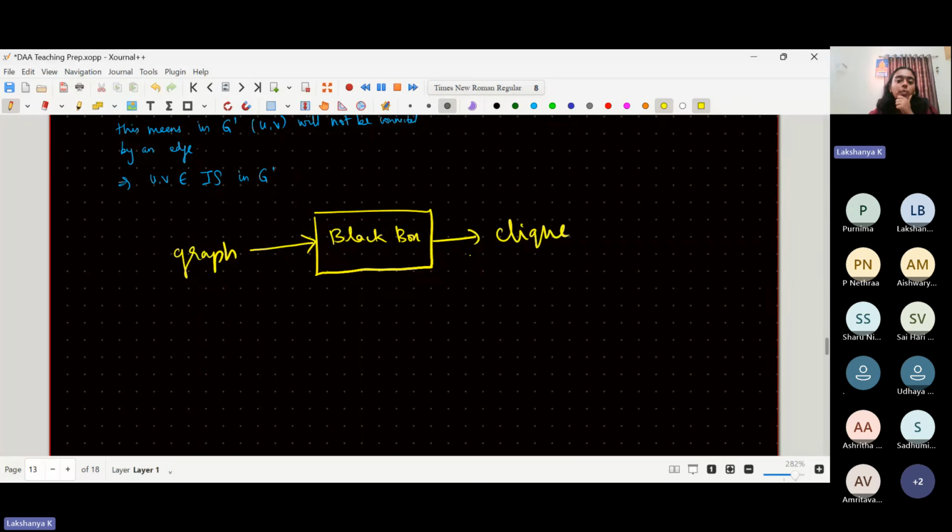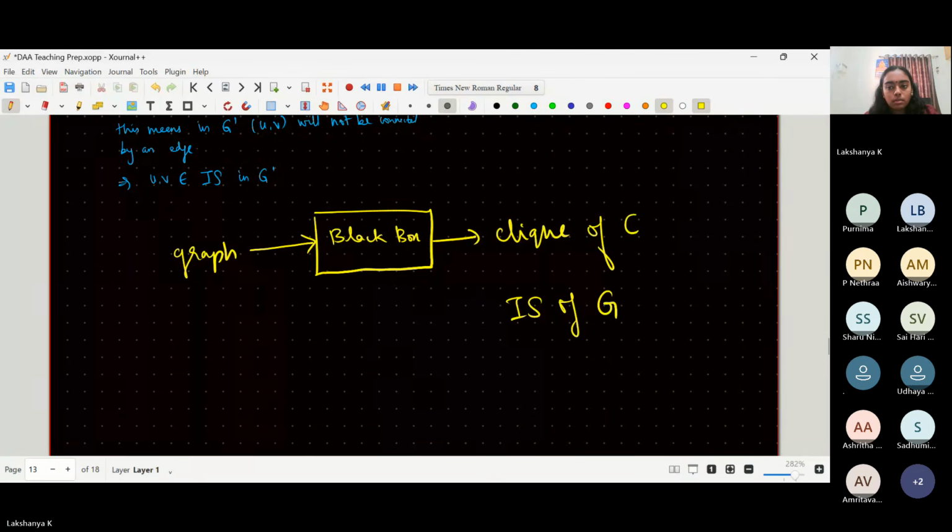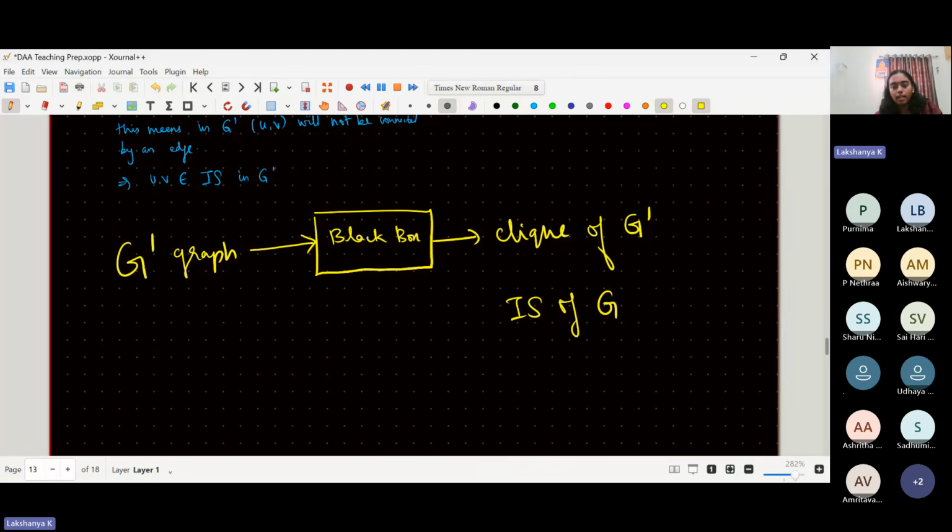I want the independent set of G as my output. Now, the independent set of G is the clique of which graph? G complement, right? So you simply put G complement as your input. You get back the clique of G complement from this black box. And that very same set is your answer. It is your independent set of G.